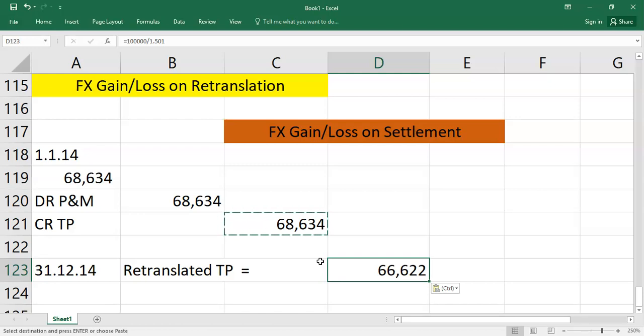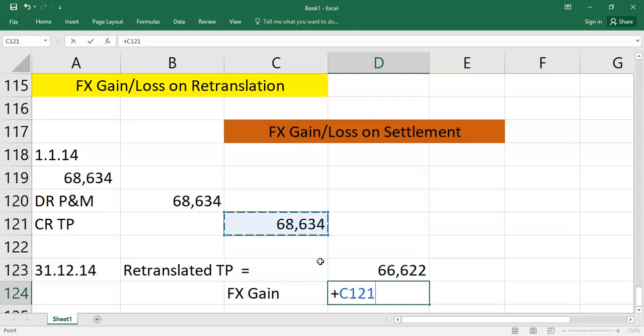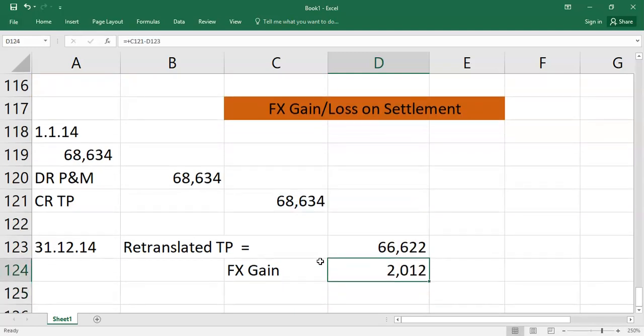So think about it now. We're all dealing with foreign trade payables here. You could have trade receivables as well. This is a reduction, so this is an FX gain, because you thought you were going to have to pay 68.6, and you now only have to pay 66.6. So that's a gain of 2012. Always think about it: sometimes higher is better if it's a trade receivable; lower is better here because it's trade payables.